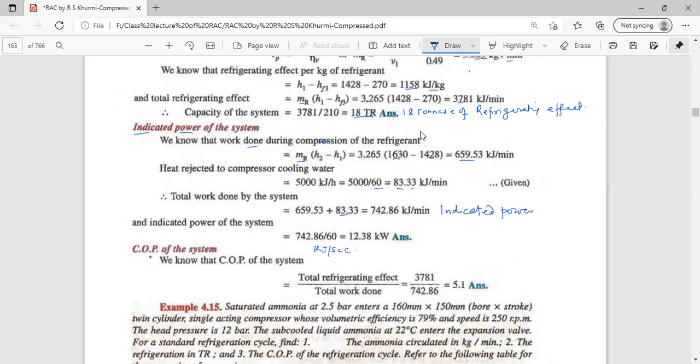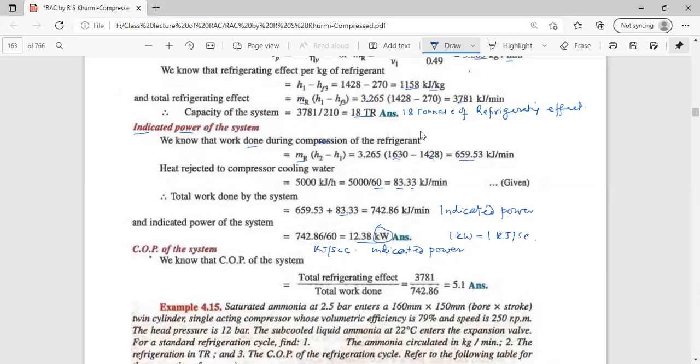So we have to convert it in terms of kilojoule per second, where 1 kilowatt is equal to 1 kJ per second. So this is supposed to be the indicated power in terms of kilowatt. Indicated power or brake output power is supposed to be represented in kilowatt as per our convention itself.